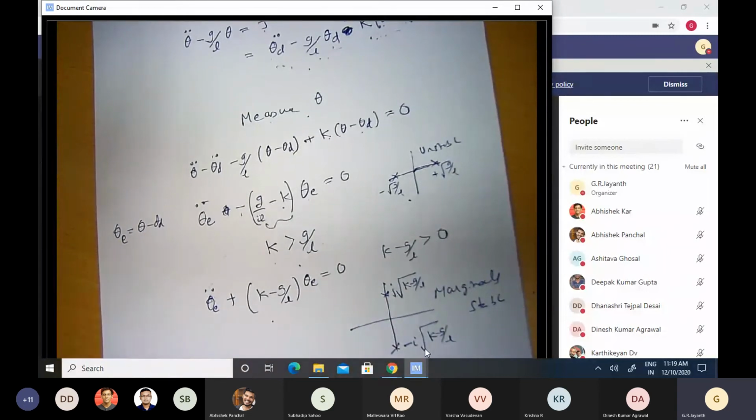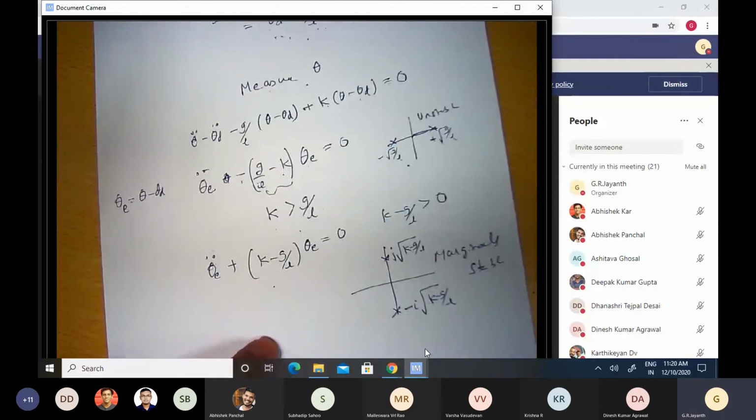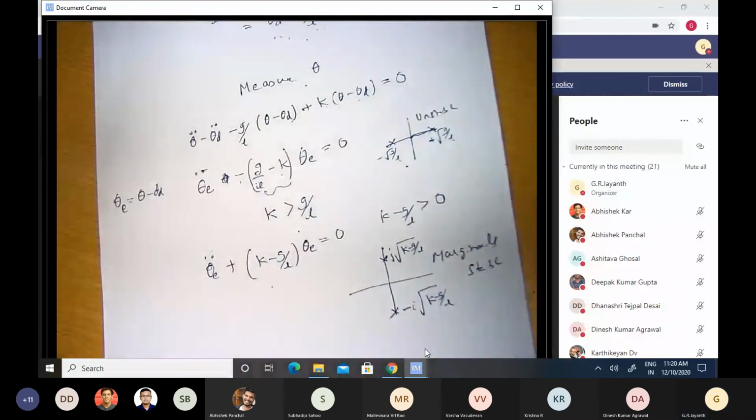And if that initial error theta e naught was small, then it is going to remain small throughout the entire course of the journey of my end effector from point 1 to point 2, from the initial position to final position. So you see therefore that I could change the dynamics of my system if I had this measurement of theta d available to me.